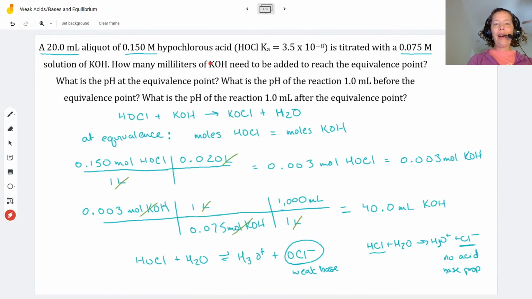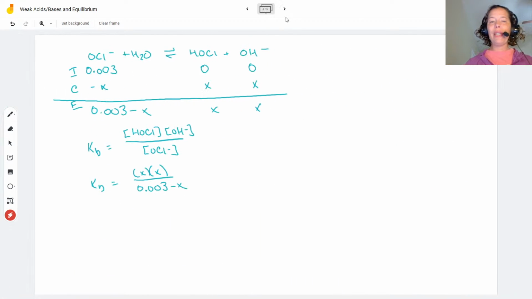So all I have is a Ka for hypochlorous acid. It's not like I've got a pKb for my conjugate base to work with. So how do I take my Ka of my weak acid and possibly get to my Kb for my conjugate base? This is where having conjugates is helpful, because remember, with conjugates, your Ka times your Kb equals Kw.